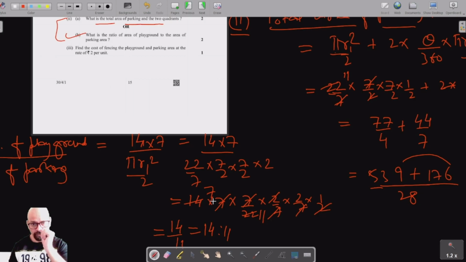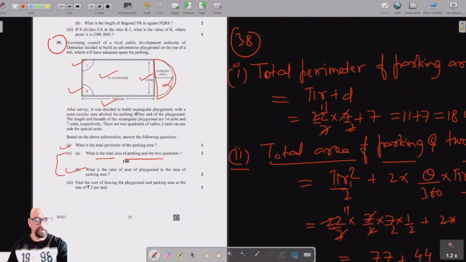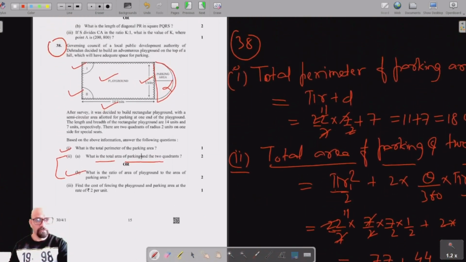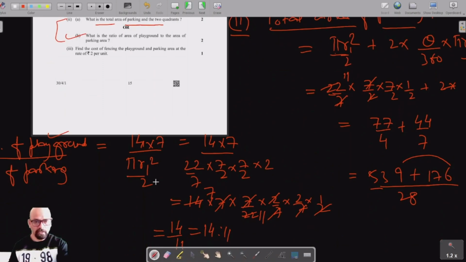So it's 14 into, the length is 14 and the breadth is 7. That is the area of playground to area of parking area, which is pi r1 square by 2. So pi is 22 by 7, radius is 7 by 2 into 7 by 2, and this should be half.